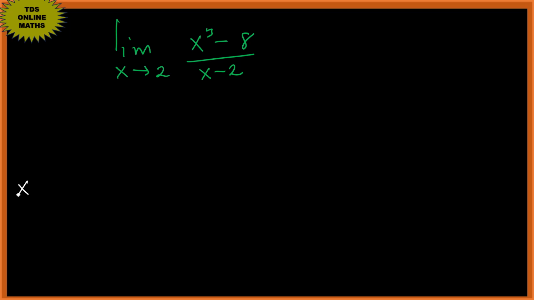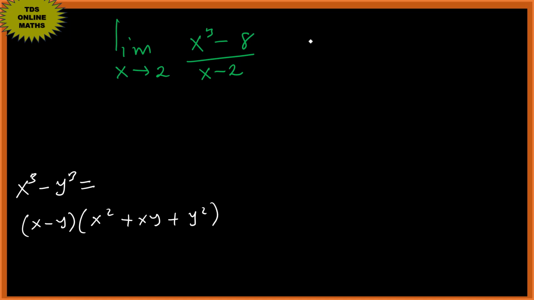When you are given x cubed minus y cubed, it is the same as (x minus y) times (x squared plus xy plus y squared). Let's observe the numerator. Can we adjust this so that it obeys this? Yes. We know 8 can be written as 2 to the power 3.